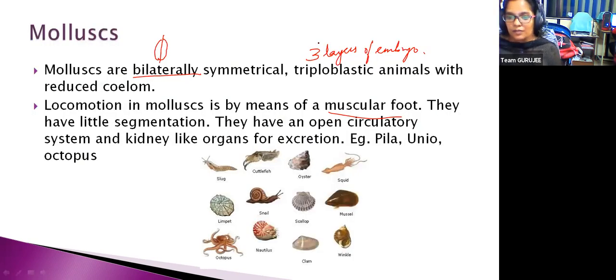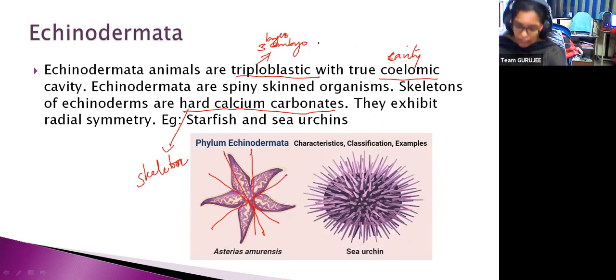Next, mollusks. Mollusks are bilaterally symmetrical. It can be divided into two equal halves. Then triploblastic. Triploblastic means three layers of embryo. Then they have a muscular foot for their locomotion. Next, Echinodermata.